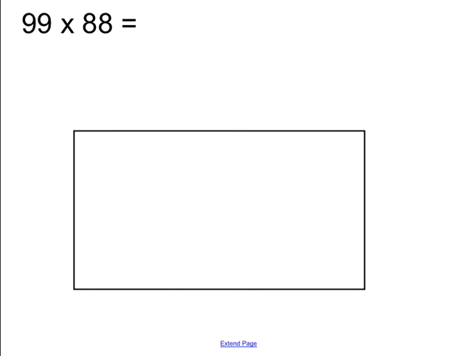So next is 99 times 88. So again, put both factors in expanded form. 90 plus 9, 80 plus 8. Next is to label my rectangle.